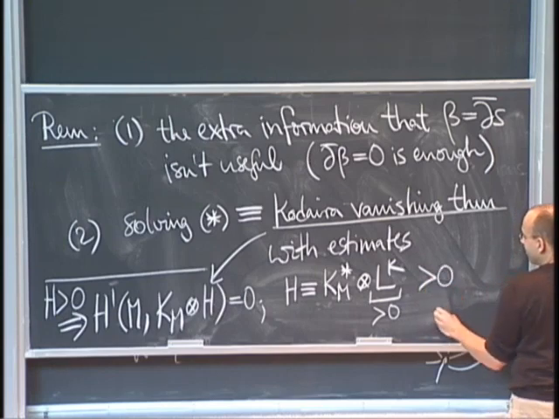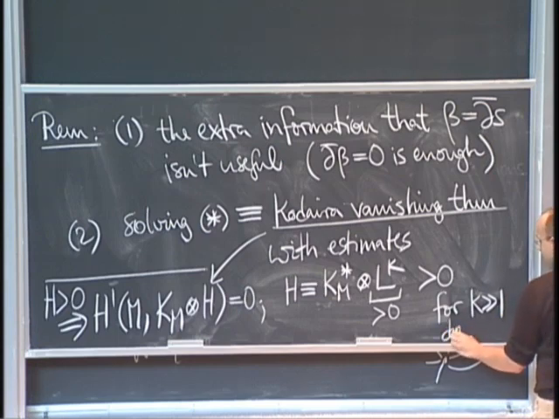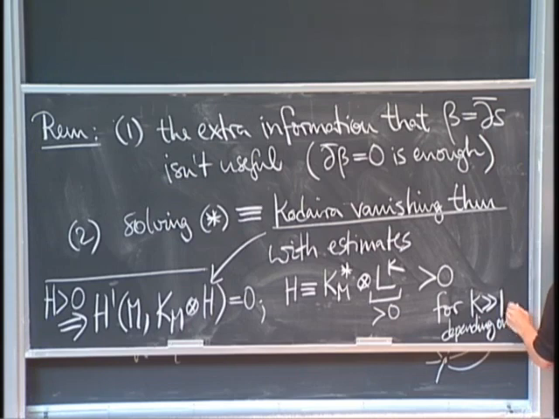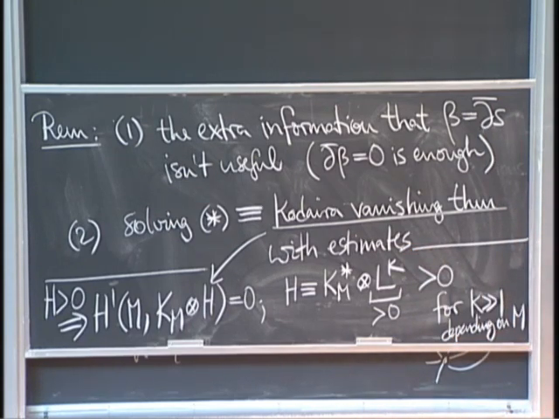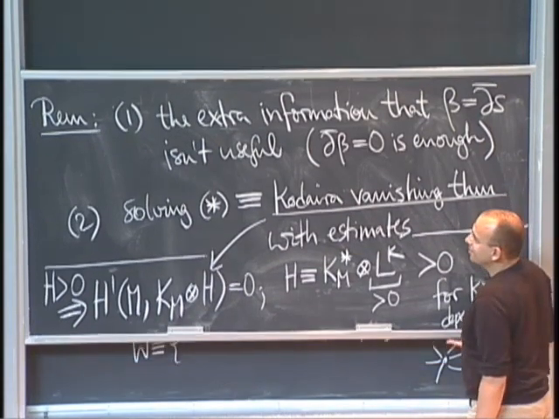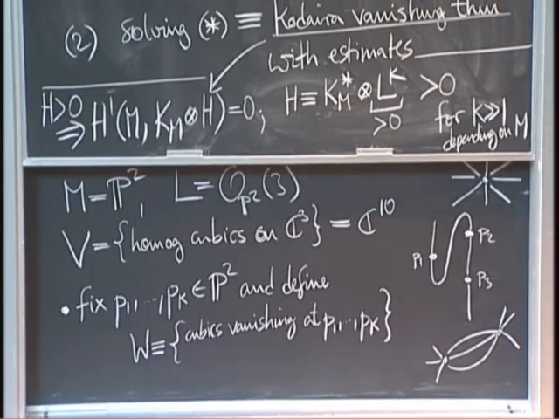This is going to be positive once k is sufficiently large, depending on M. This is the algebraic version of going about this proof.